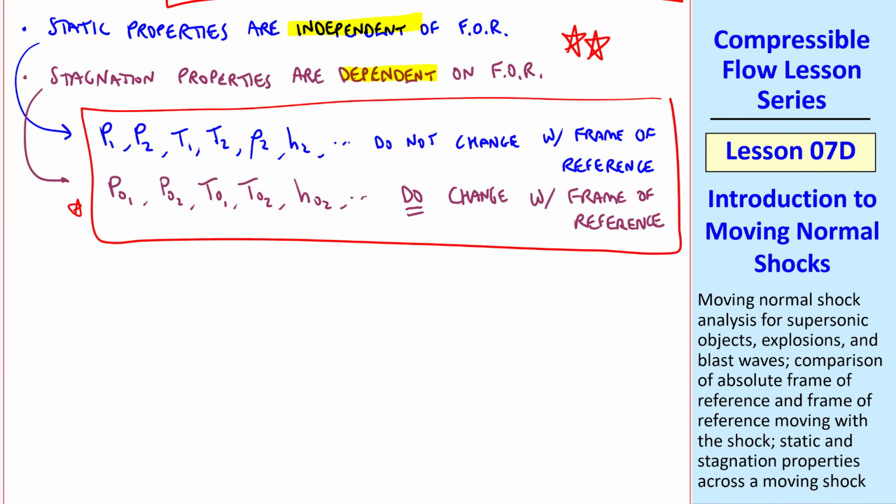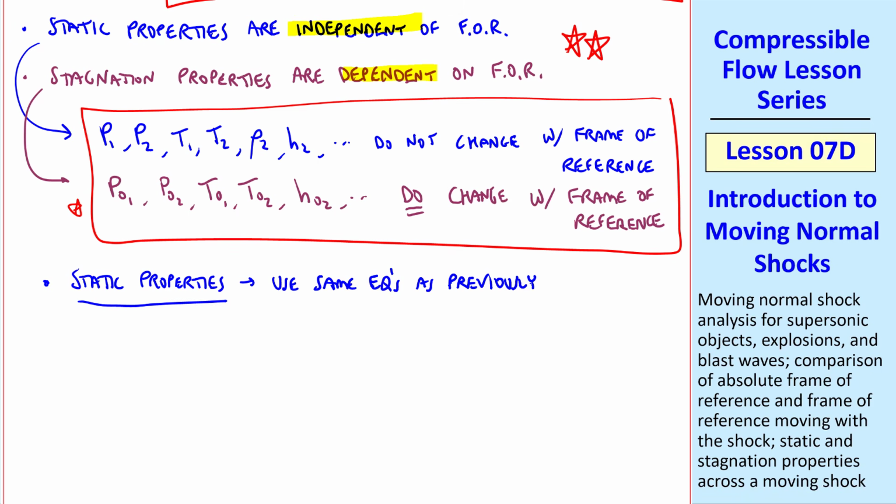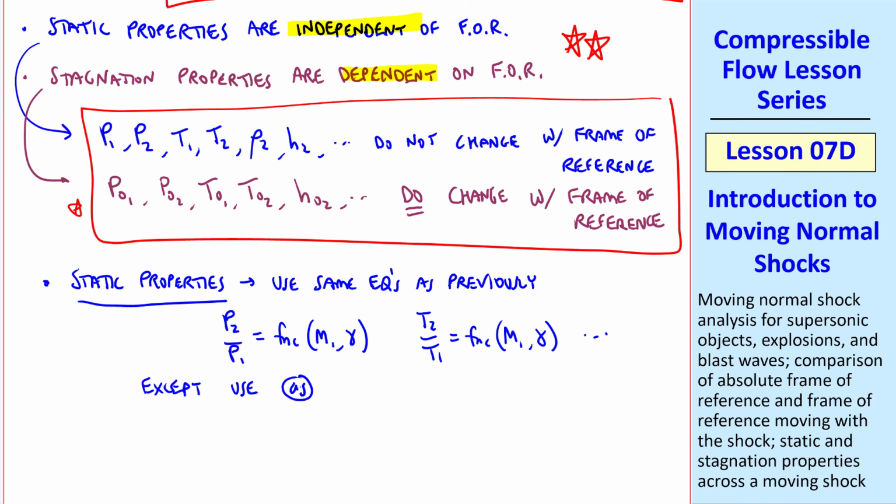So when analyzing flow across shocks for static properties, we use the same equations as previously, regardless of the frame of reference. For example, P2 over P1 for an ideal gas is a function of M1 and gamma. T2 over T1 is a different function of M1 and gamma, etc. We use these same equations, except use AS as our subscript instead of 2.